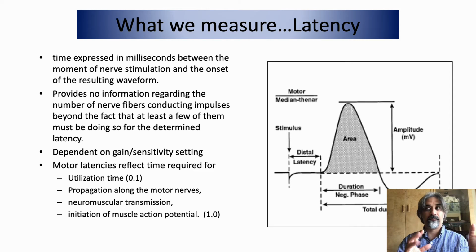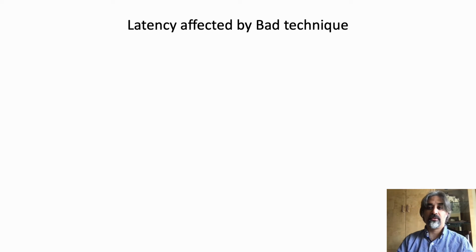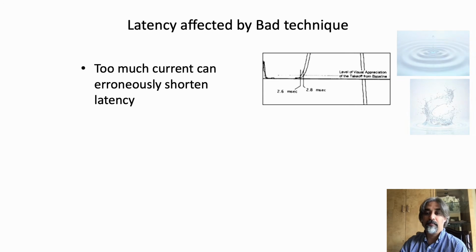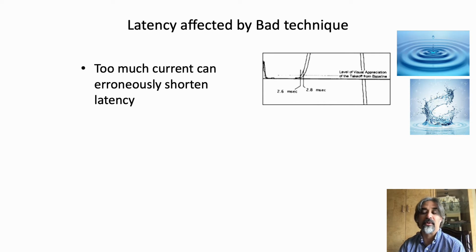So the latency that you get does not reflect nerve transmission only. It's got a whole bunch of other things in there. So there are all sorts of ways to mess up your latency calculations. If you crank up the current, you'll effectively be stimulating closer to the pickup electrode. Picture the difference in splash between a pebble versus a rock in a pond. Similarly, if I stim at X centimeters but use a lot of current, the effective stim site is spread out from there like the splash of the rock.